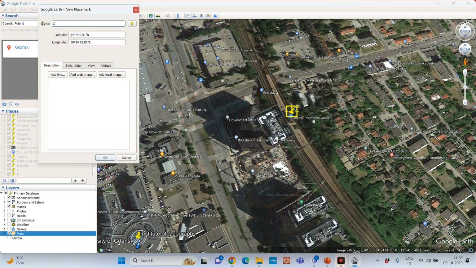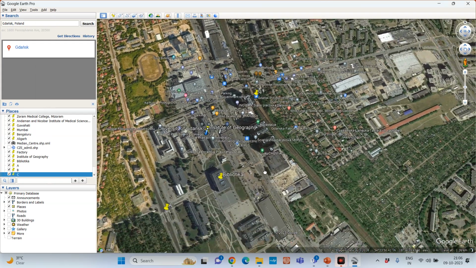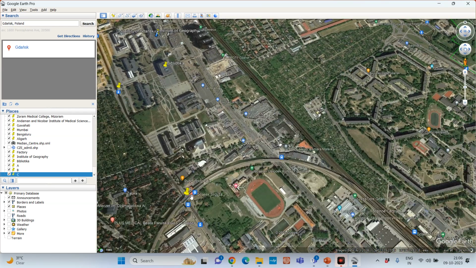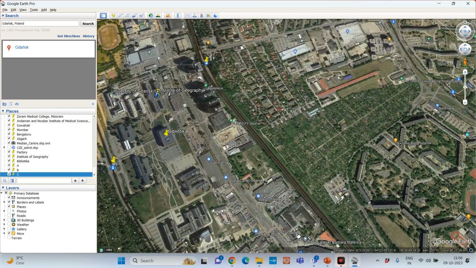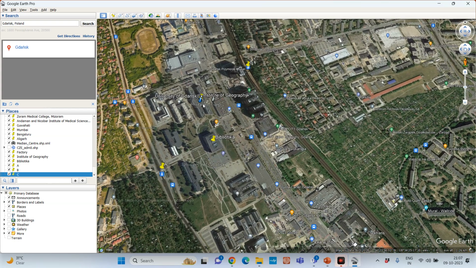Now suppose you are here, at the University of Gdansk Institute of Geography, and you want to go to Gdynia by train. You can get a train from point B, and you can also get a train from point C. So now you need to decide which way you want to go.